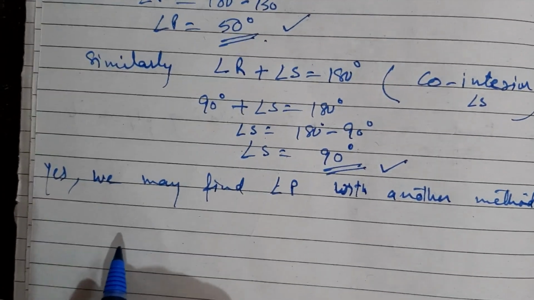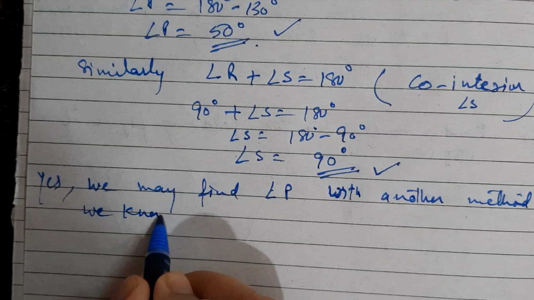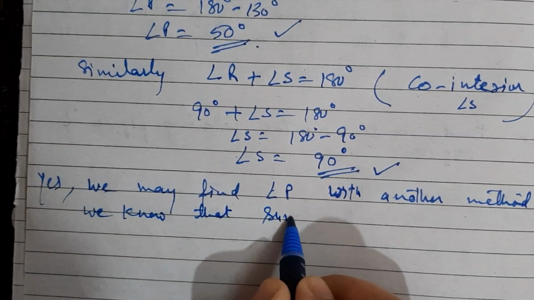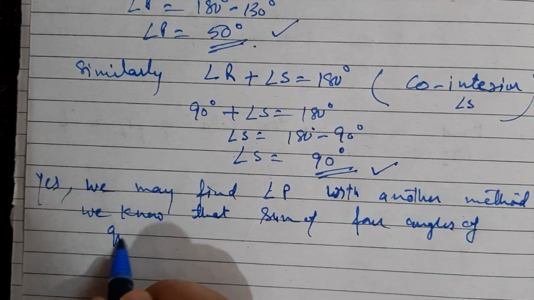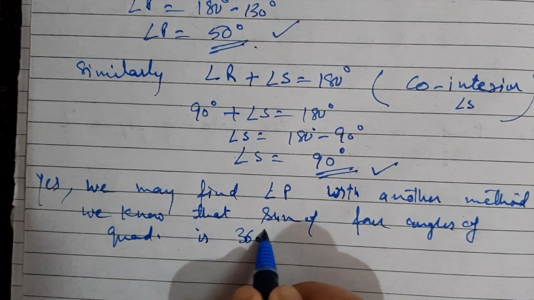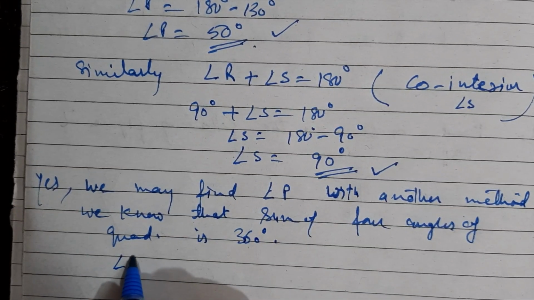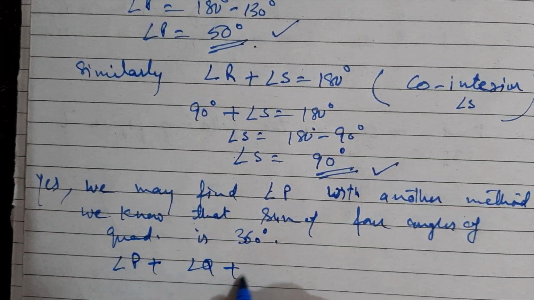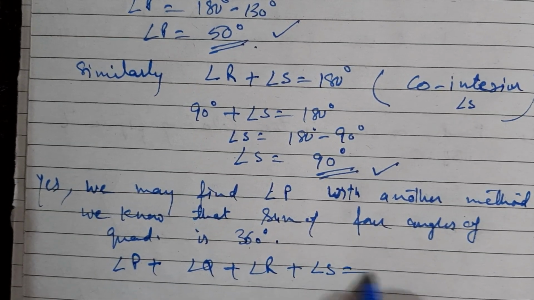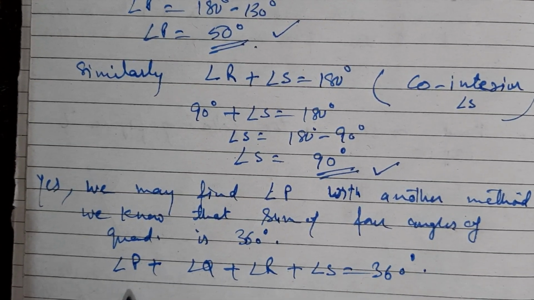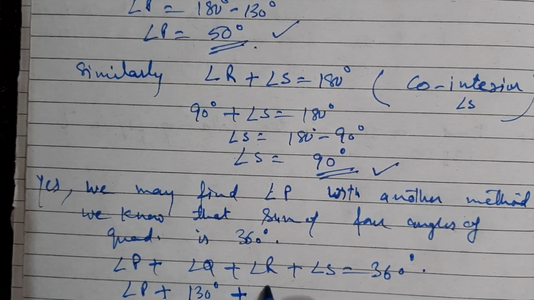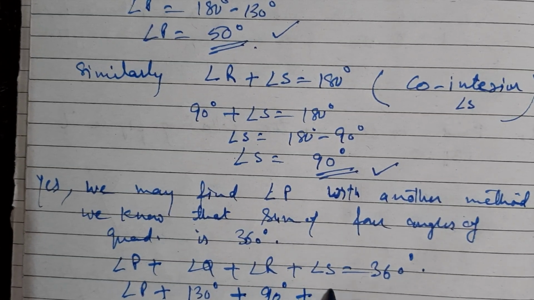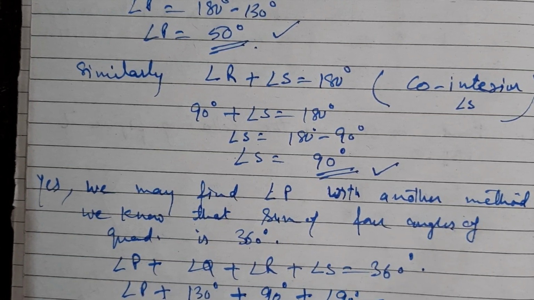Now here we know that sum of 4 angles of quadrilateral is 360 degrees, which is angle P plus angle Q plus angle R plus angle S is equal to 360 degrees. Angle P plus Q is given 130 degree plus angle R is marked 90 degree plus S is also 90 degree because co-interior angles. If one is 90, other is also 90.